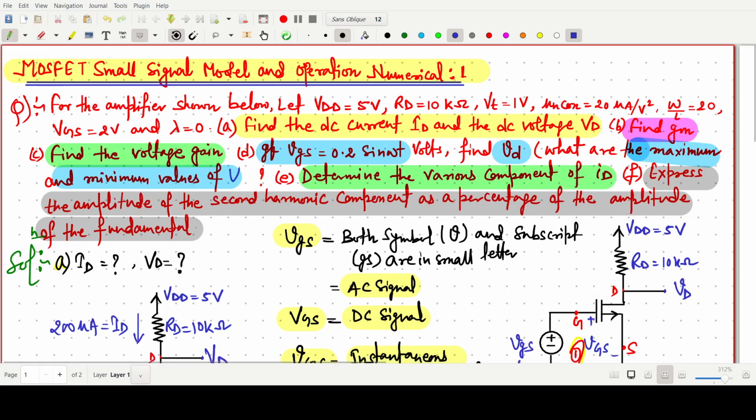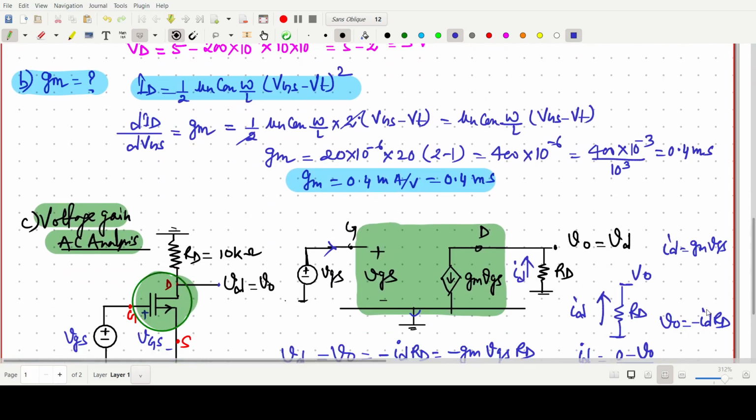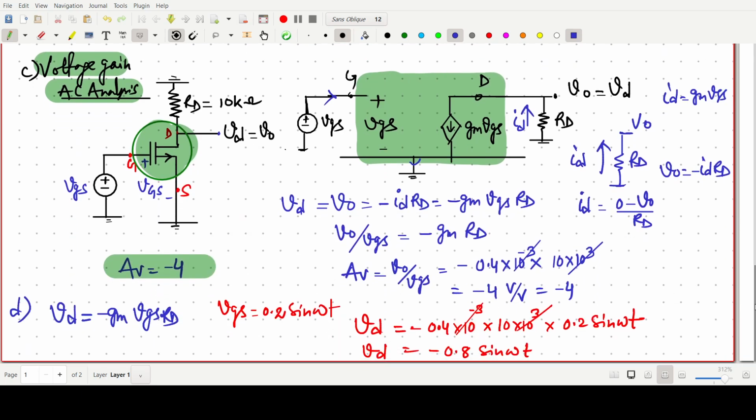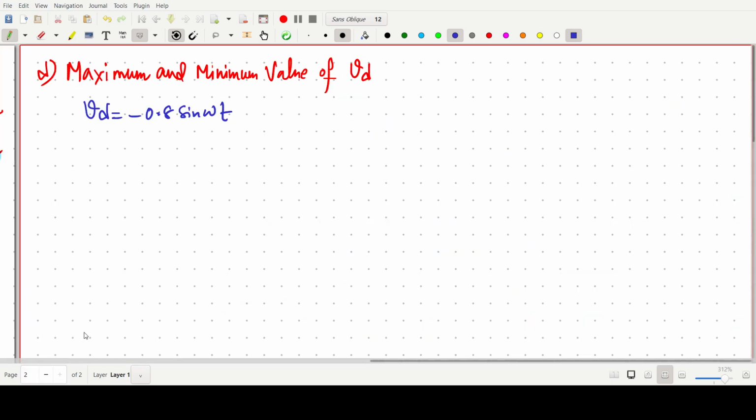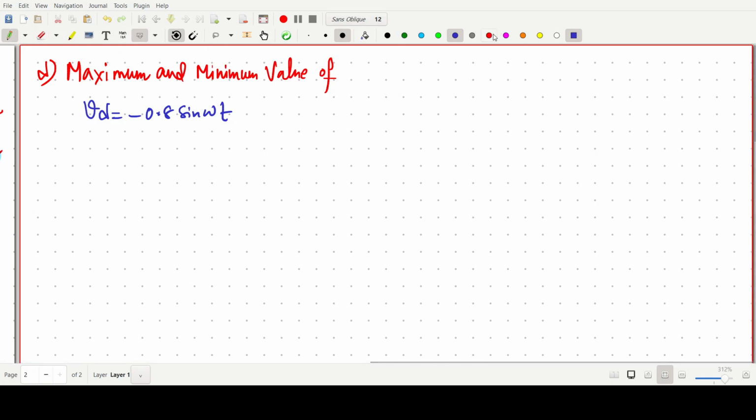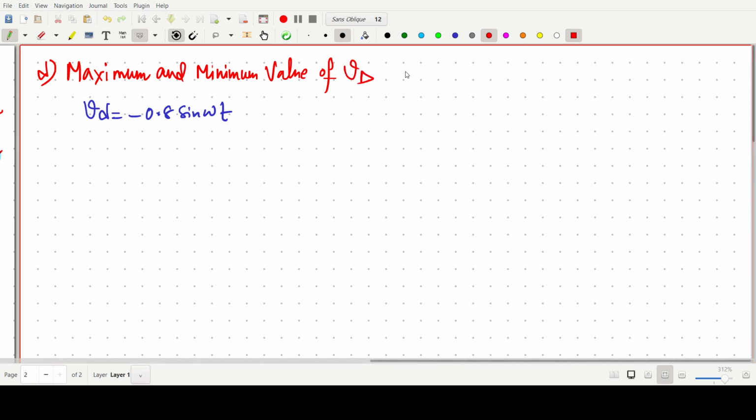This one will be a small v, capital D. So we have to find the instantaneous one, vD. Next, we have to find the maximum and minimum value of this vD. So this one is our instantaneous one.